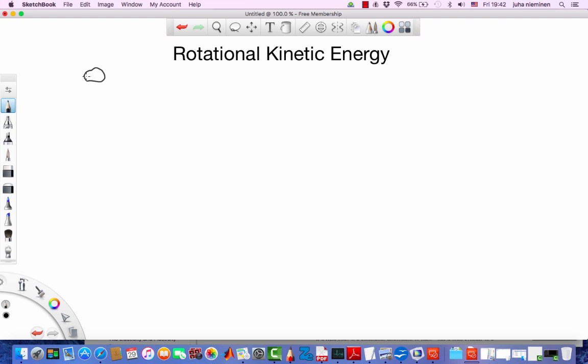some lump of mass. Let's define it in such a way that it consists of a collection of particles. So the kinetic energy of each of those particles is half times mv squared if it's going in some direction at velocity v.